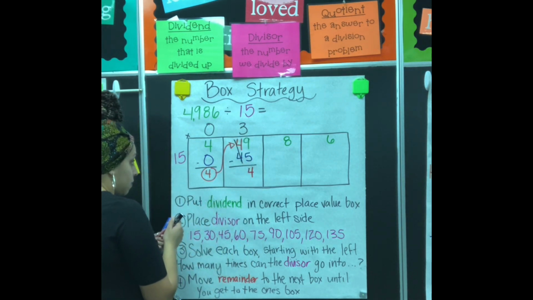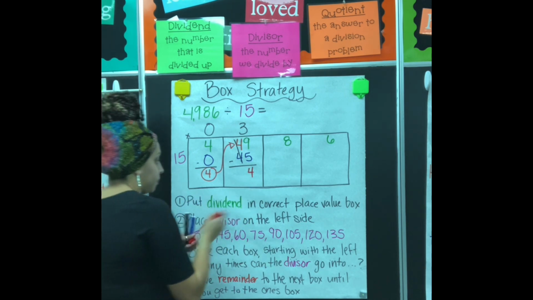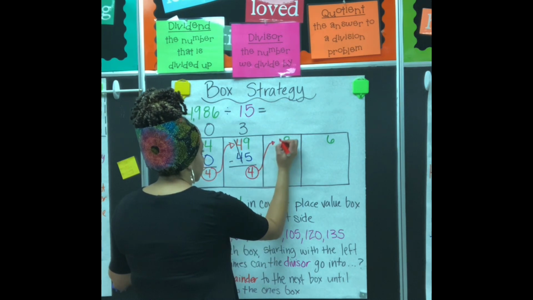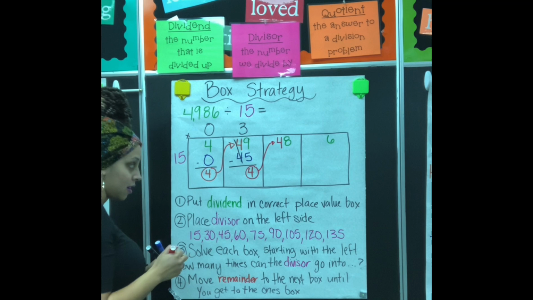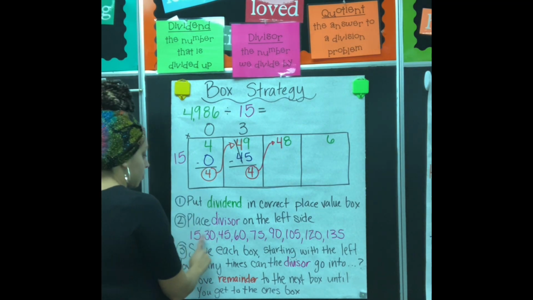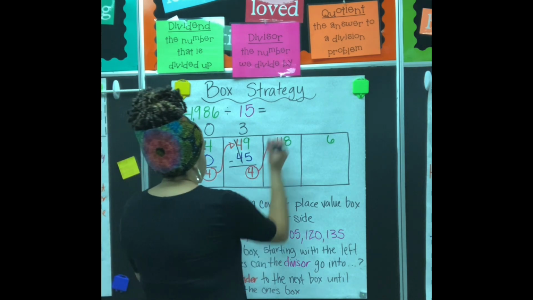So I'm going to take this remainder and I'm going to move it over. And so this 8 now becomes 48. And I think, how many times can 15 go into 48? 1, 2, 3 without going over. So I put a 3 up here.